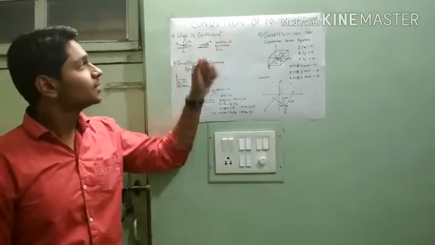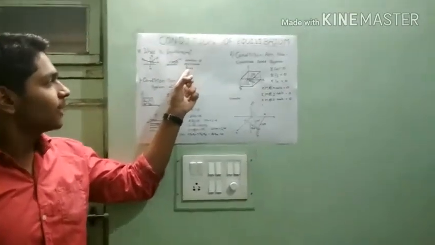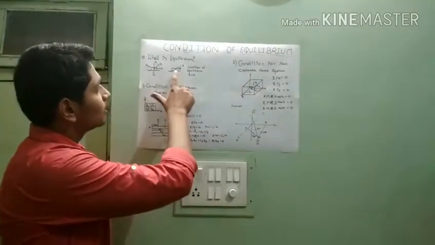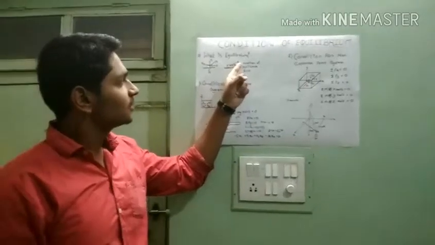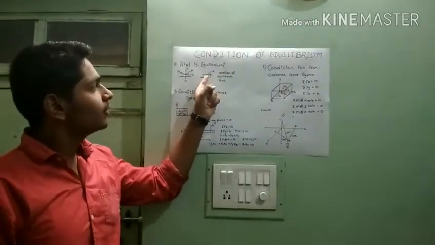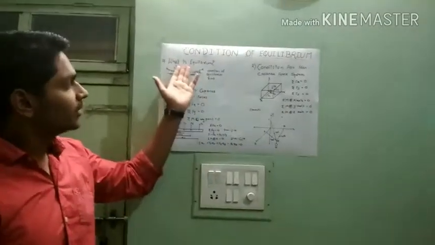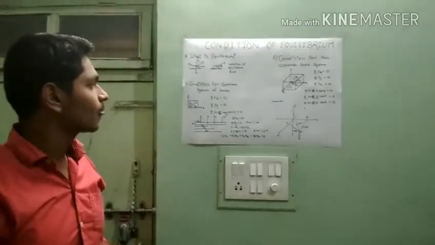But for equilibrium, the value of R should equal 0. That is, there should be no resultant force acting on a body. If a resultant force is present, the body will move in the x direction or in the y direction. Here we want equilibrium, so the value of R should be 0.